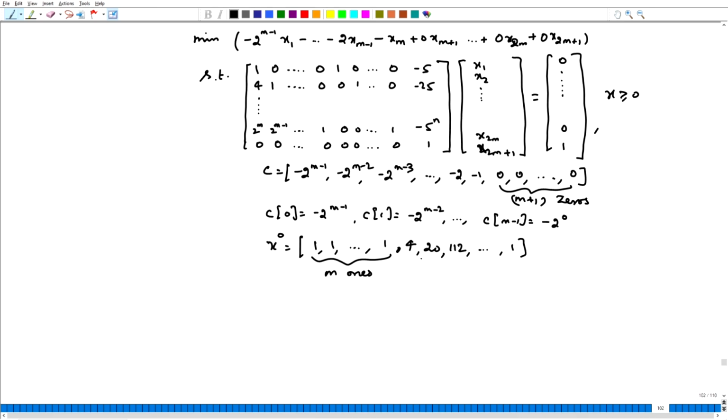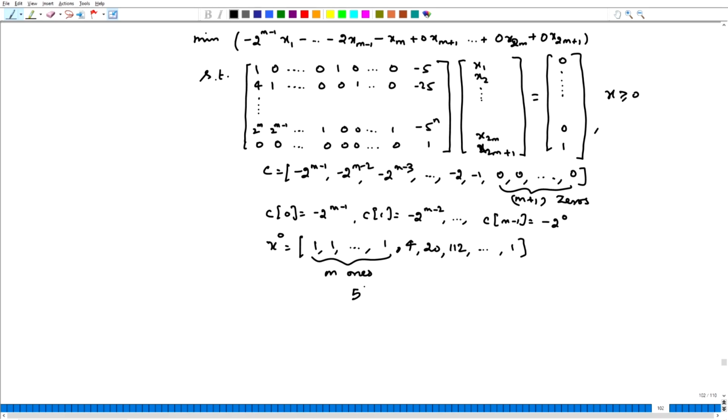But now, if it is for particular values of m, I can find out what these values are. But how do I write it in general? That is one question that we need to address. I will leave this as an exercise, but you can be convinced that the numbers are actually the following.